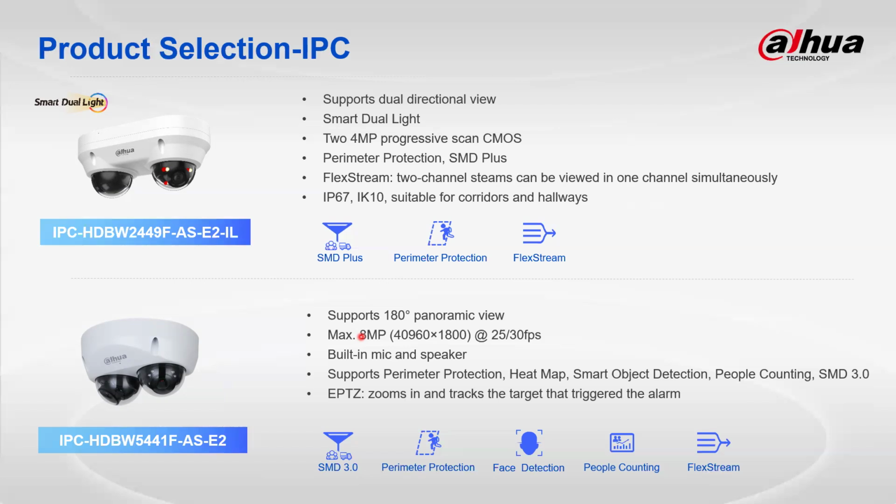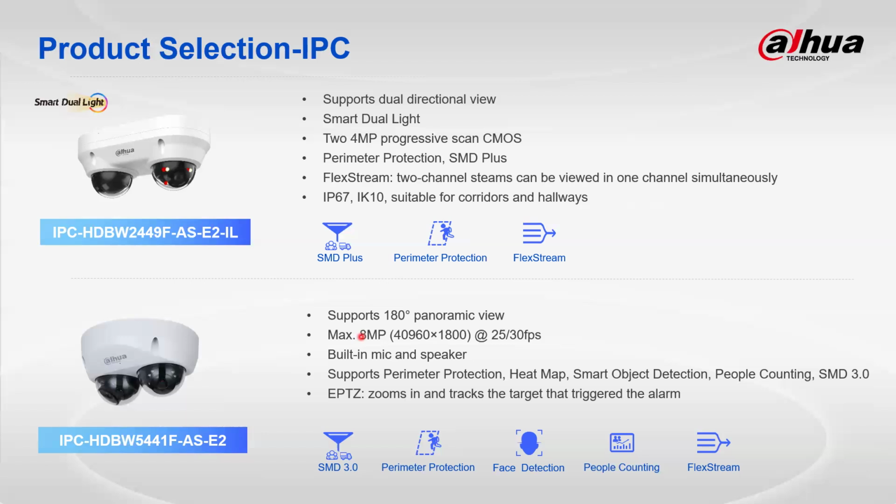For the 5 series at the bottom, it supports SMD 3.0, which is much better compared to the SMD Plus. It supports perimeter protection. This now supports face detection, people counting, same case, Flex Stream technology for saving up more channels, extra channels for other additional cameras.